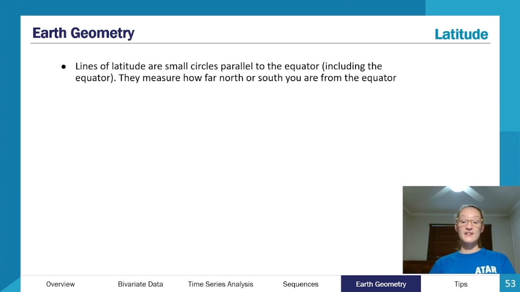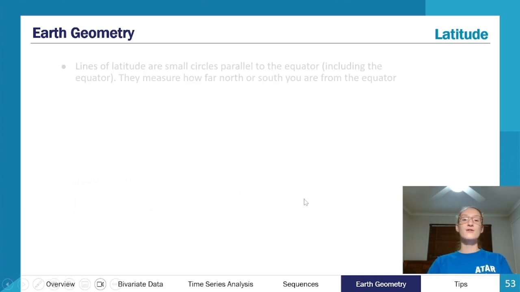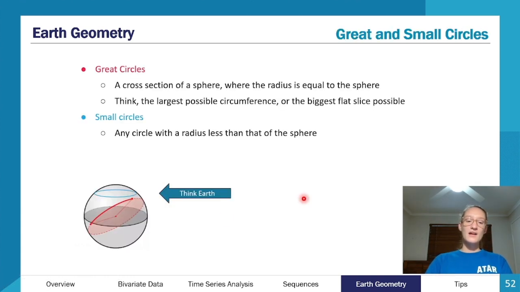So the lines of latitude are mostly small circles. Think about all of these crazy amounts of invisible small circles running parallel to the equator. Because they are where they are, they can measure how far north or south we are.